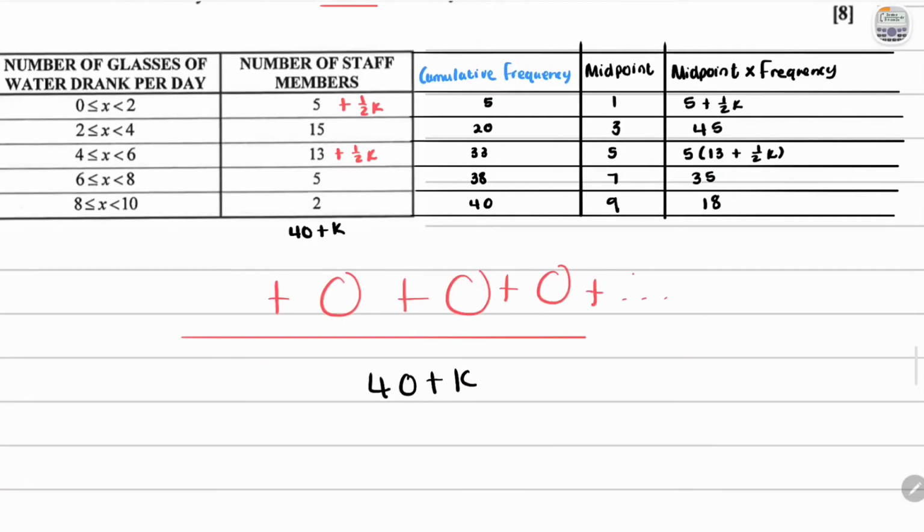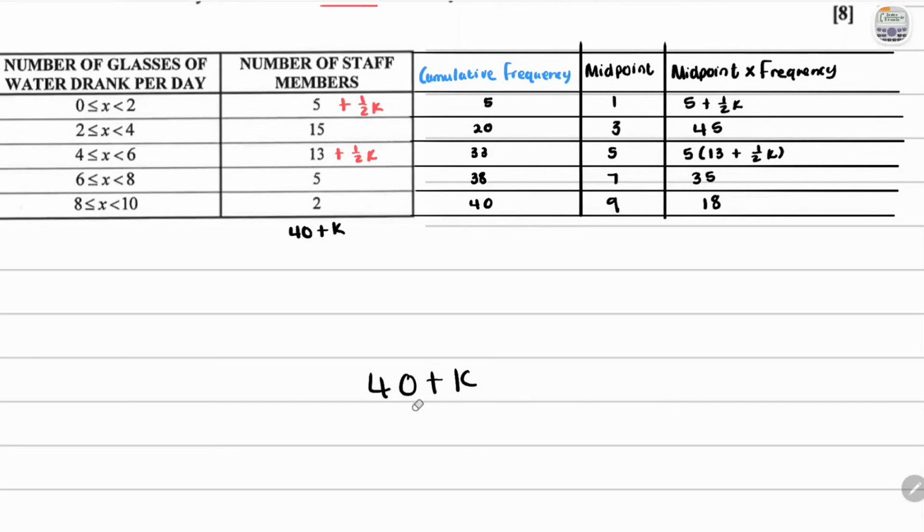And now back to how mean is calculated. The mean value is calculated by adding all the data points. These are our data points. These are our total glasses of water drank. So we'll add that and then divide by the total frequency, which we have here.